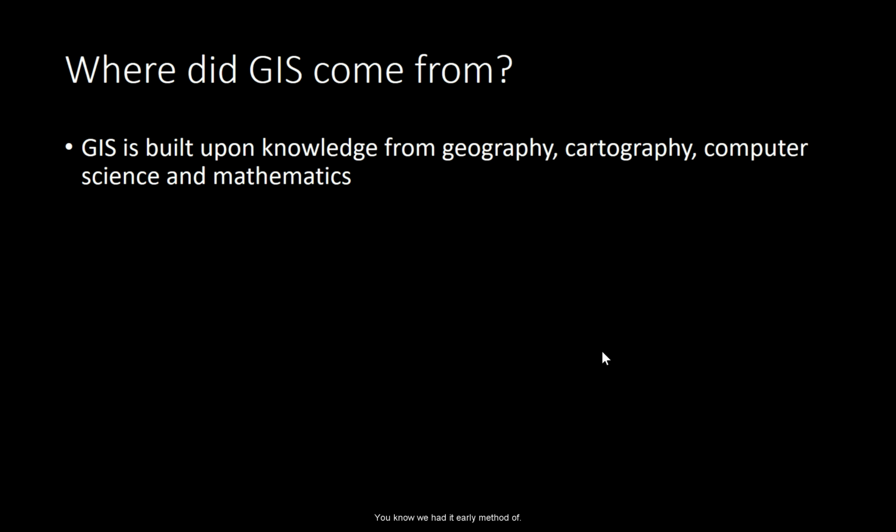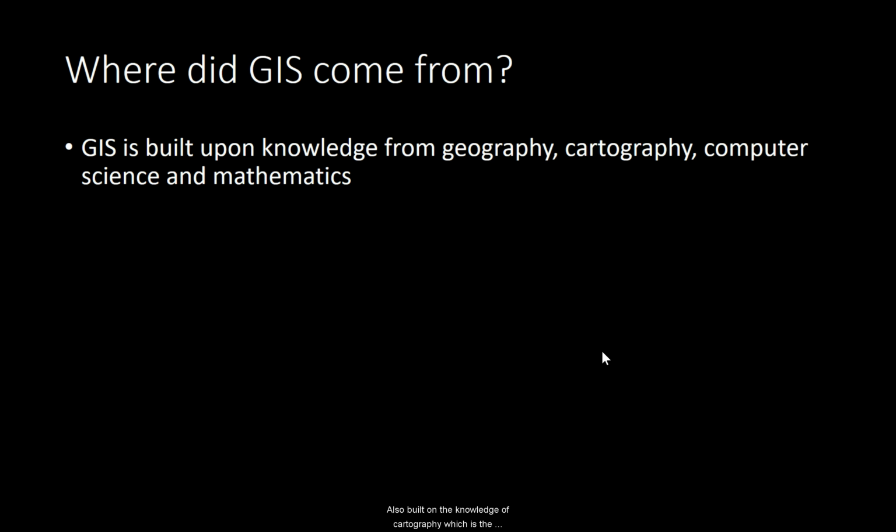So we had an early method of measuring a location on the Earth's surface. Nowadays, with technology and satellite imagery, we can elevate the use of latitude and longitude and learn more about our surrounding area with the application of technology, maps, and cartography. The idea of GIS, which stands for Geographic Information System, is built upon the knowledge of geography.